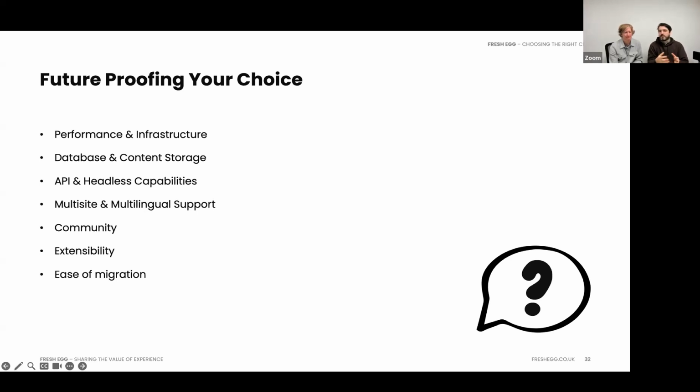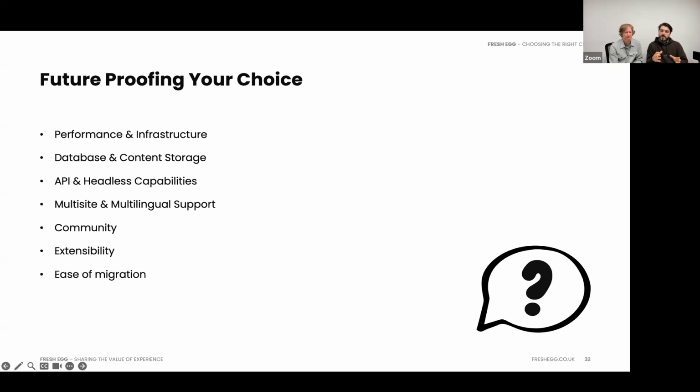Extensibility, so how easy is it to extend? We talked about integrations and plugins, and ease of migration as well, really key. So this can be quite difficult to actually understand when you're looking at CMS websites and marketing materials, because it's often quite technical and they're not necessarily going to shout about this, but we do find that certain solutions will store your data in such a way that it makes it really difficult to extract that data if you were to move CMSs.